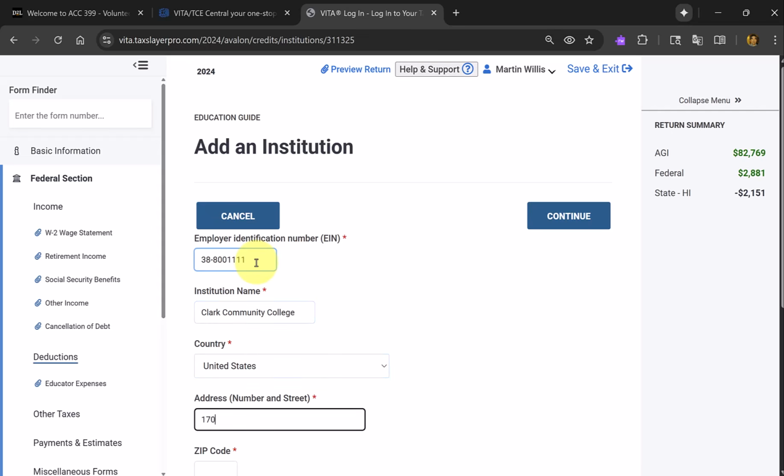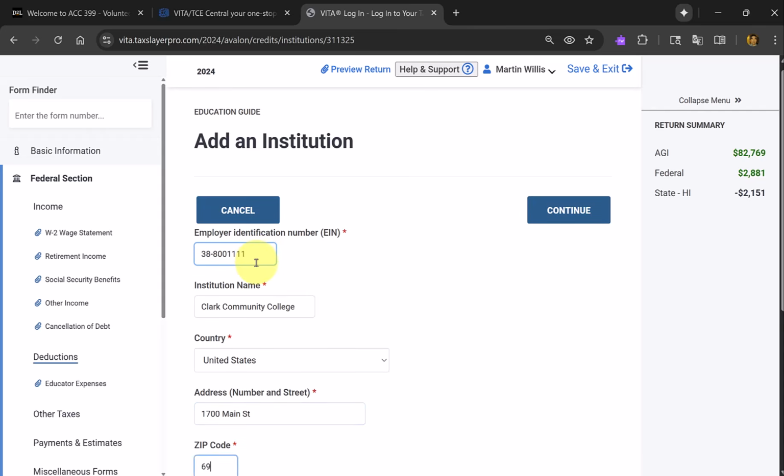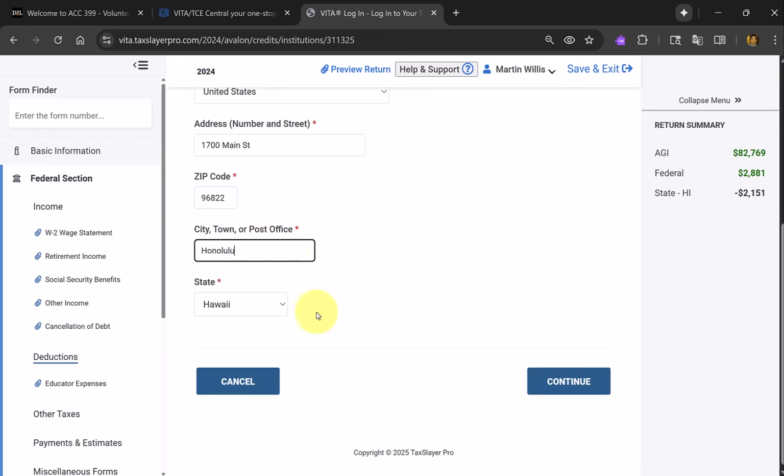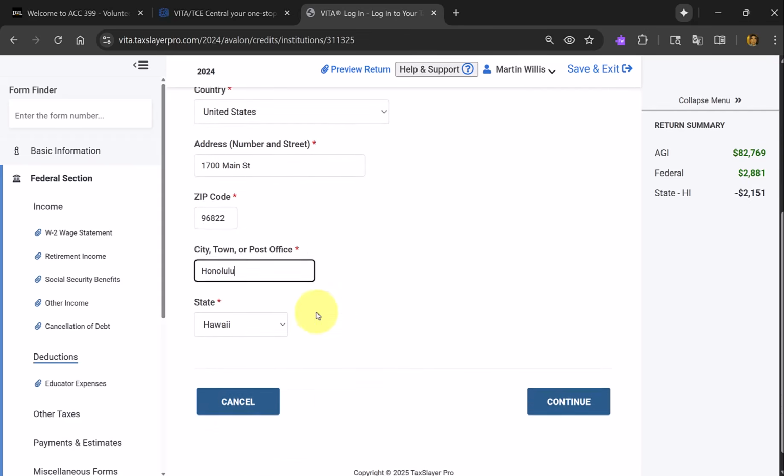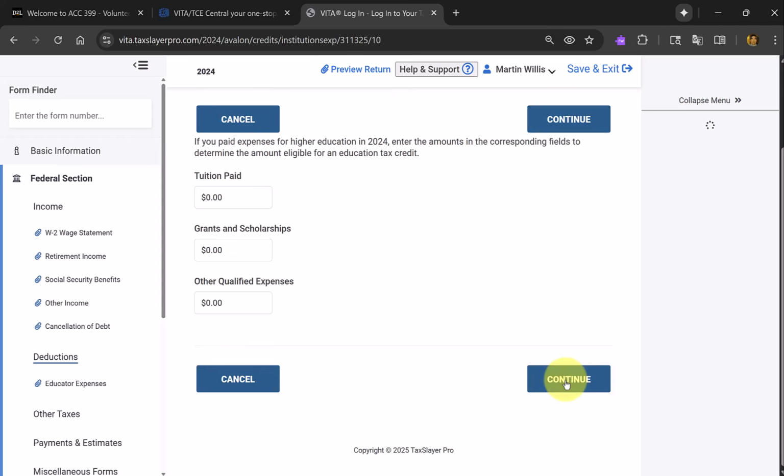I'll just make up an address here. Okay, and then continue. Oh, I didn't have to do my spreadsheet. It should be calculating for me here.